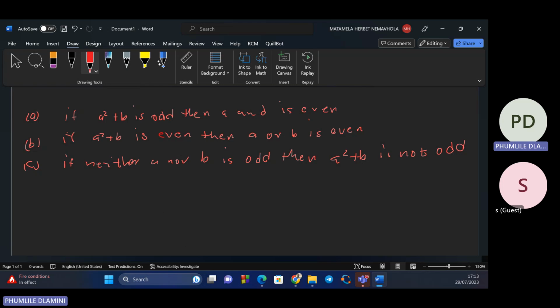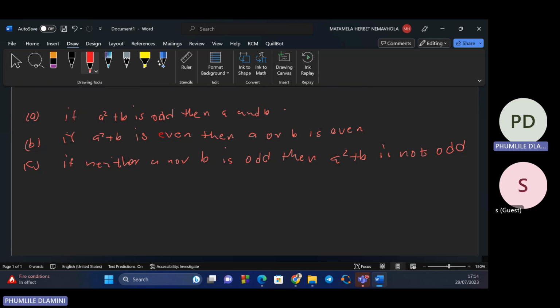In the first one, there is something: if A squared is odd, then A and B, I wrote D there. It's supposed to say B. For the negation, A and B are odd. The only thing that changes is the or.